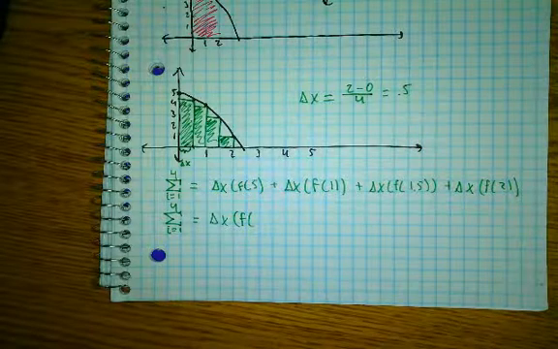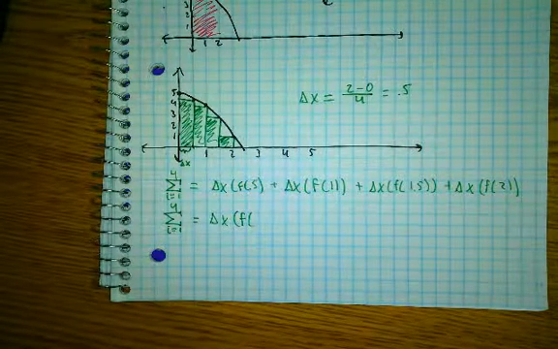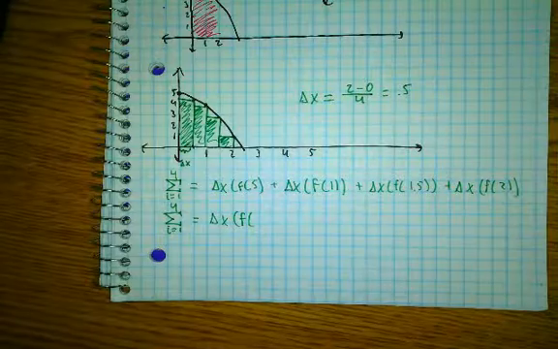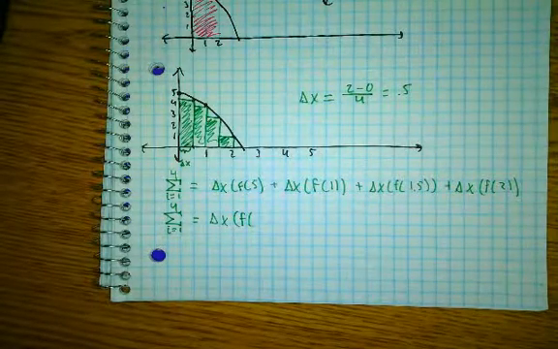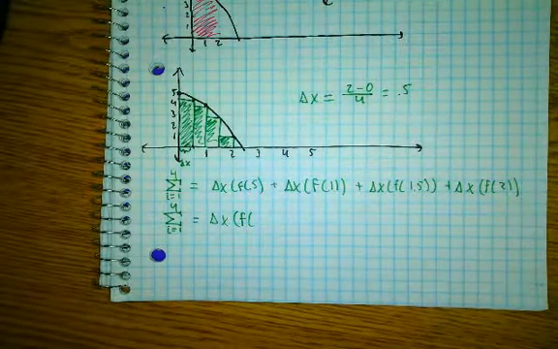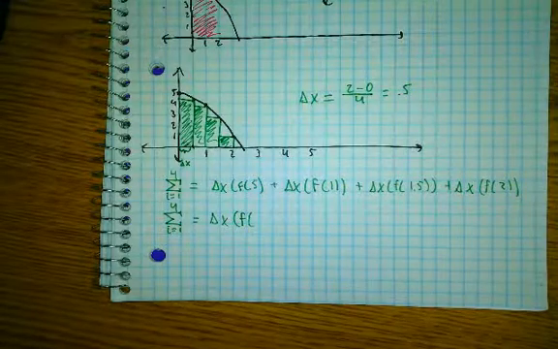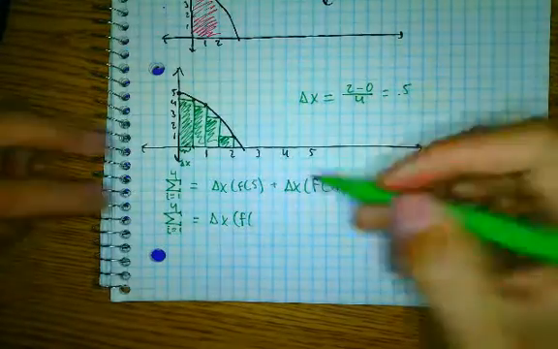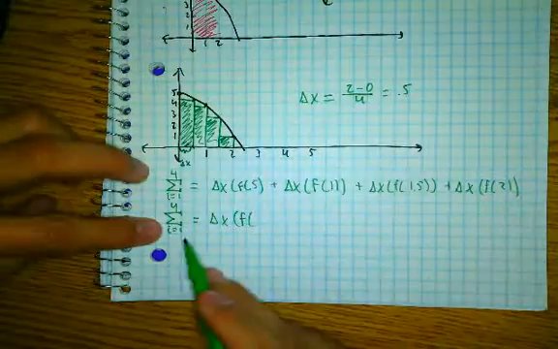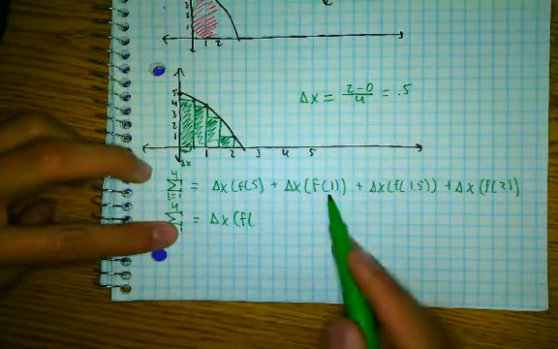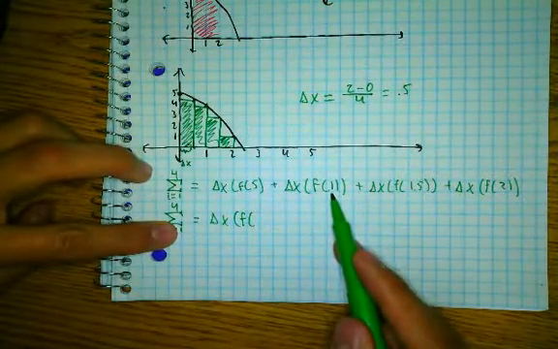I? Say it, I times delta x. Well, here's the thing. If you put in 1, you're going to get this one. If you plug in 2, you're going to get this one. I over 2.